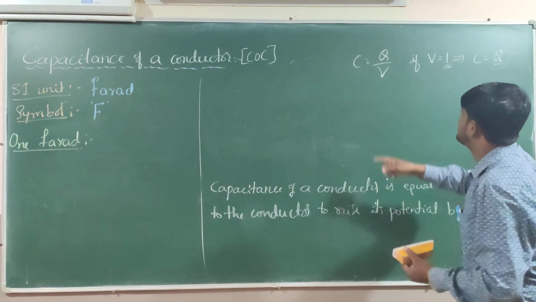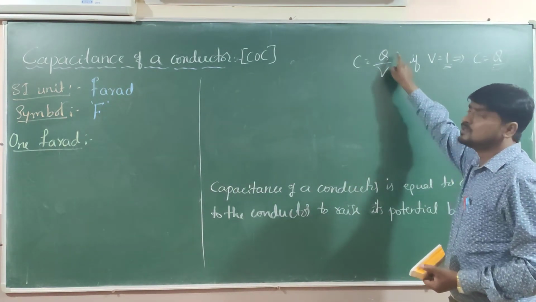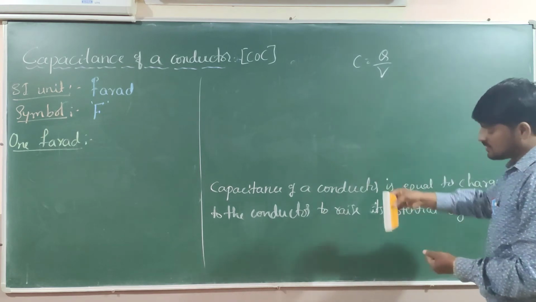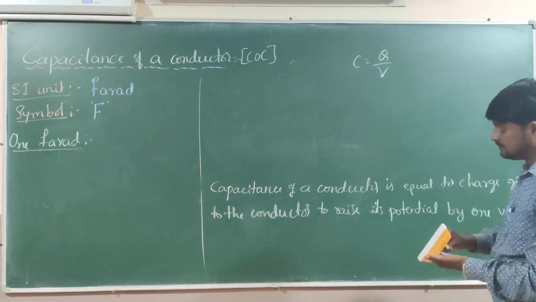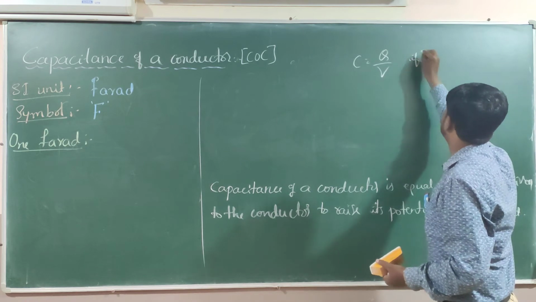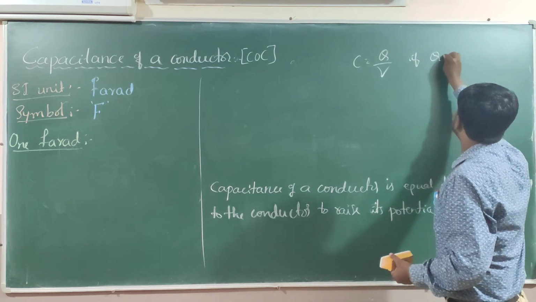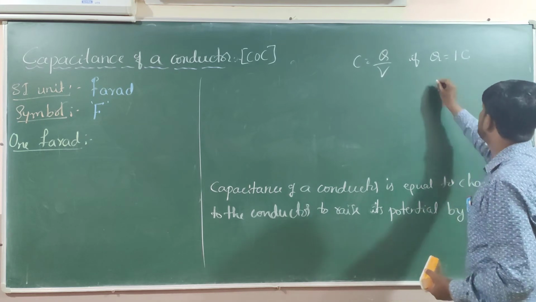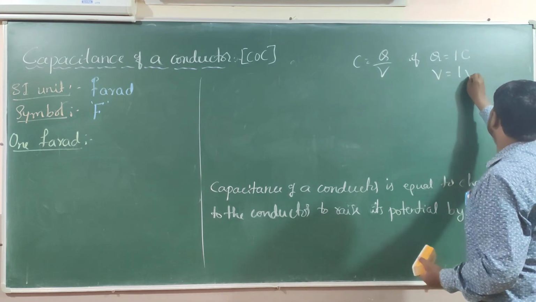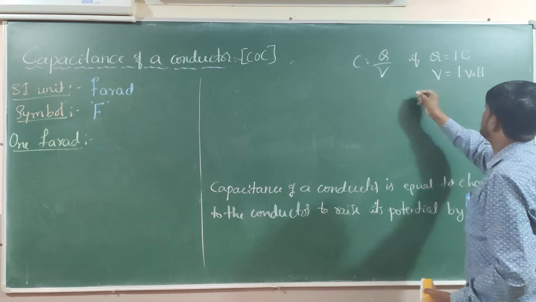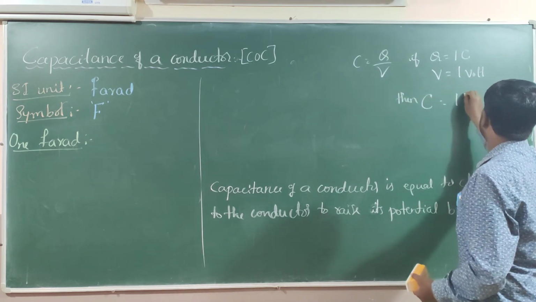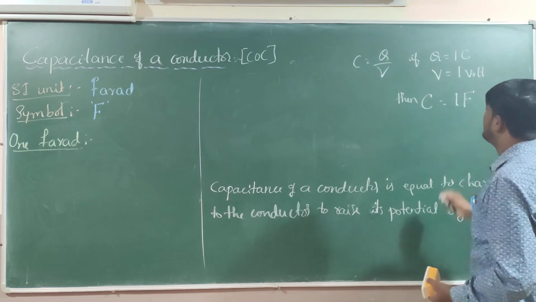We have a fundamental equation here: C is equal to Q by V. In this Q by V, let us substitute some standard values. If Q is equal to 1 coulomb, the SI unit of charge is coulomb, and V is equal to 1 volt, then obviously C is equal to 1 farad.